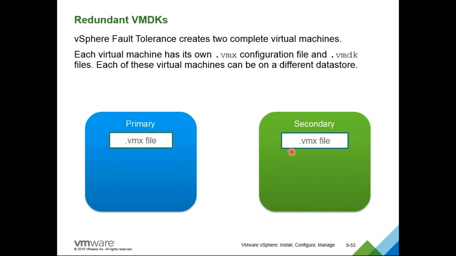Whereas from 5.x onwards, you no longer need to present shared storage between your source and destination ESXi hosts. Without that, you can perform vMotion and storage vMotion. That is the reason FT is creating its own virtual machine configuration files on the source and destination ESXi hosts.